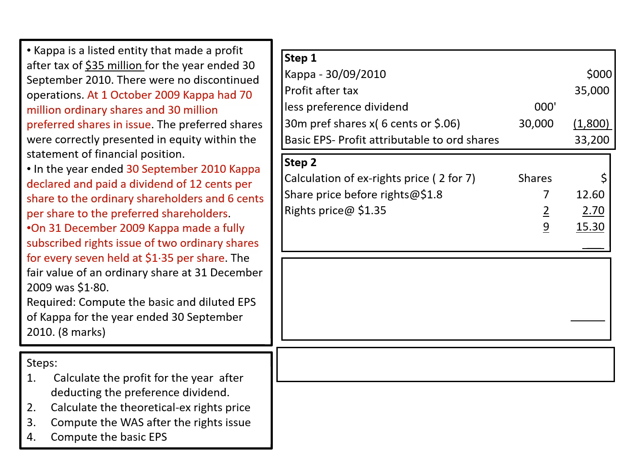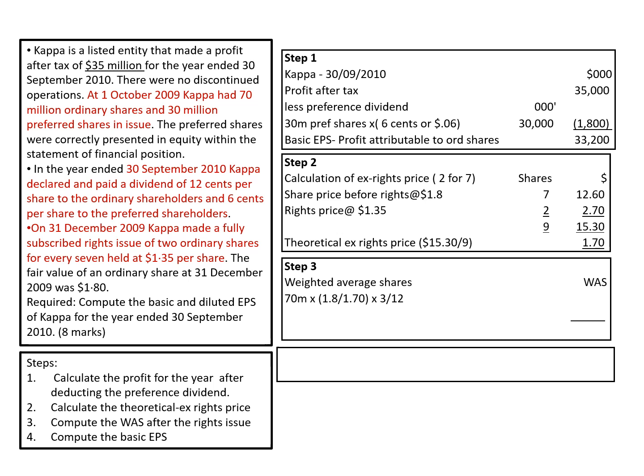The total number of shares is 9, and the total of the share price before the rights issue and the rights price comes to $15.30. So the theoretical ex-rights price is $15.30 divided by 9 shares, and you end up with $1.70.